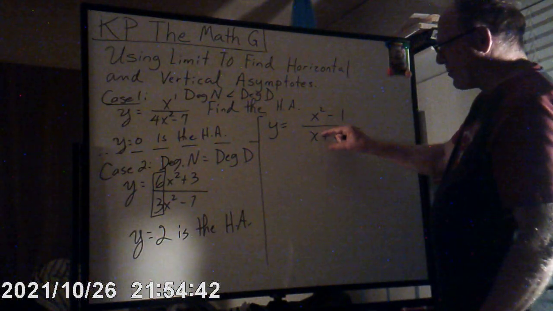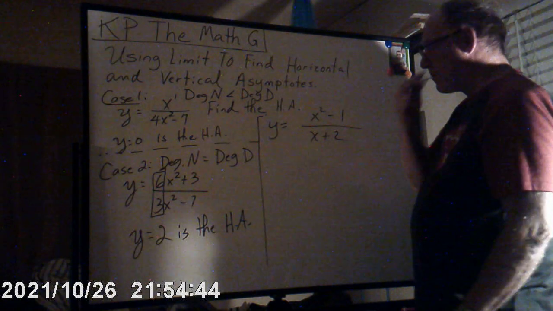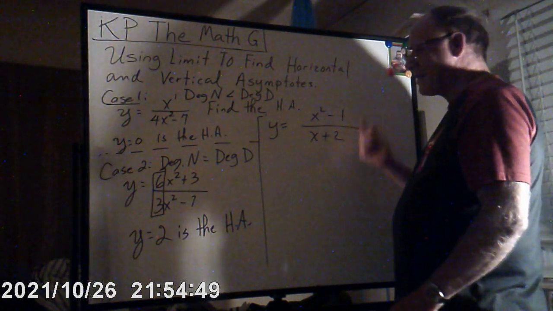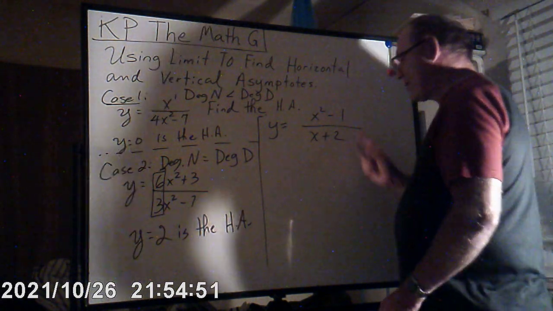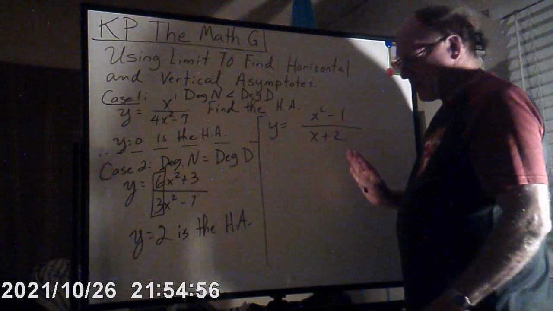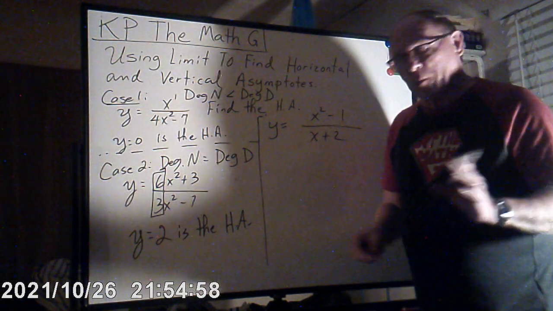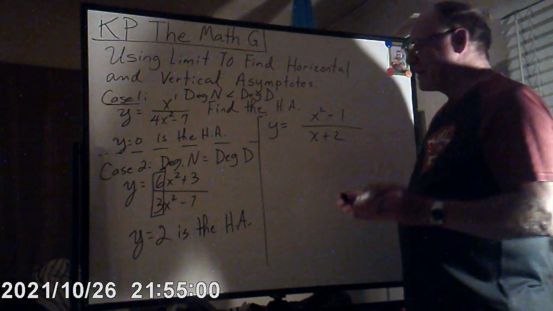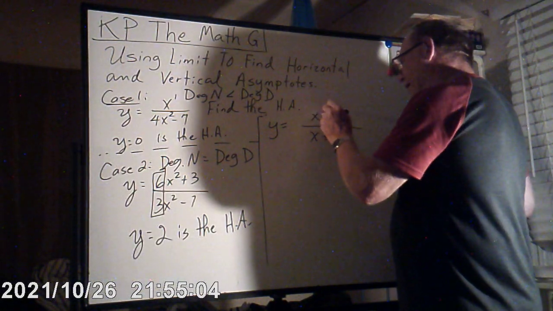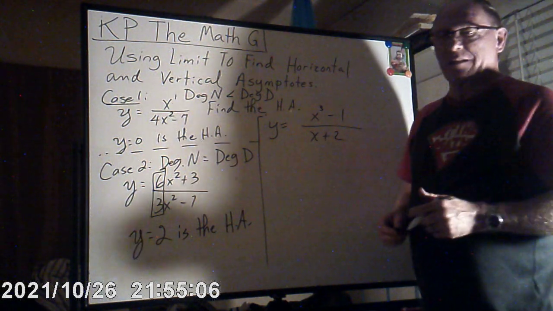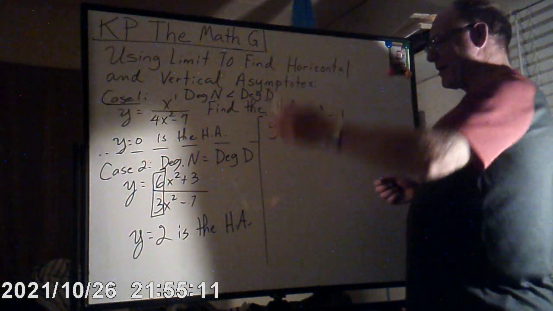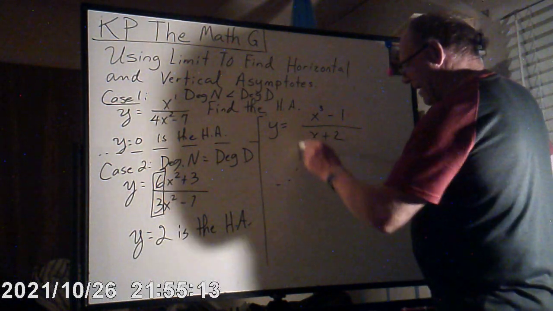In this case, we do not have a horizontal asymptote, but we do have a slant asymptote. And there's a way to show this, and I'm not going to take the time to do that at this point. Maybe at another time, but this would be a case 3. If it's 2 greater, we got a different situation, and it may be an asymptote, but it may be like a curved asymptote or something.